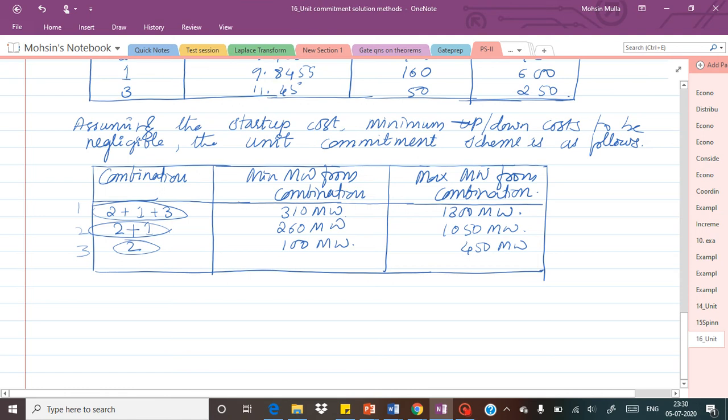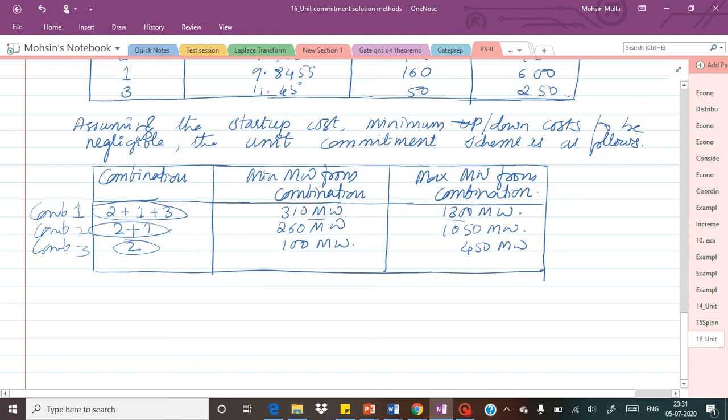For supplying the load between 310 and 1300 megawatt, the first combination is selected.